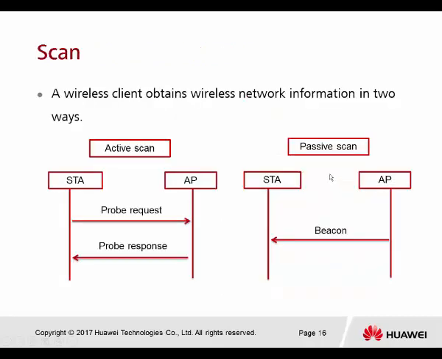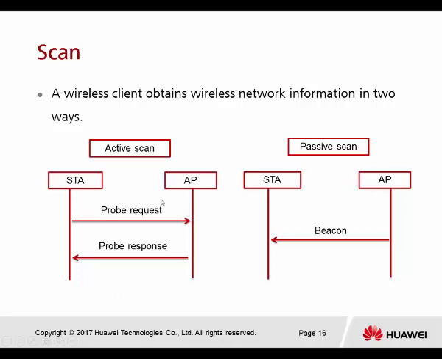So, the scanning mode. A wireless client obtains wireless network information in two ways: active scan and passive scan. In active scan, the PC periodically broadcasts the probe request to the surroundings.